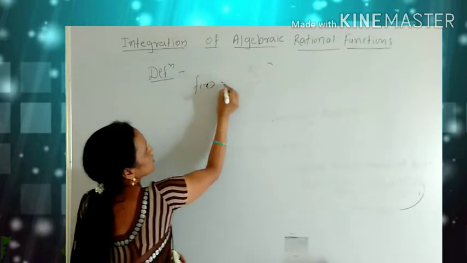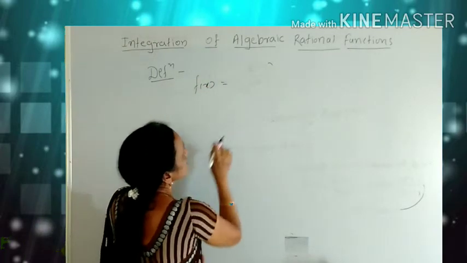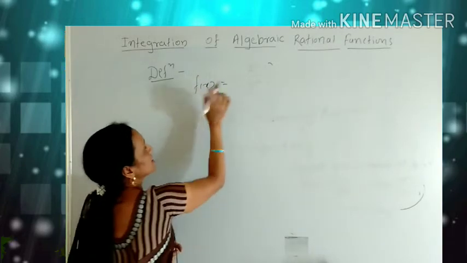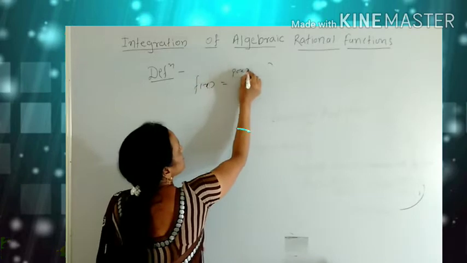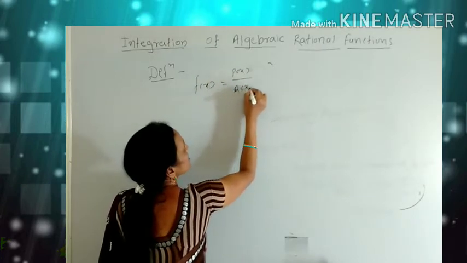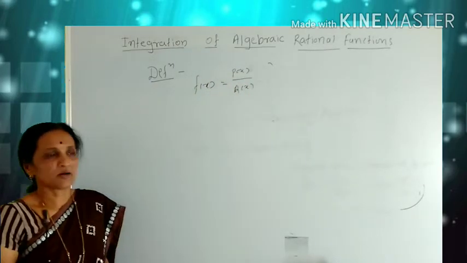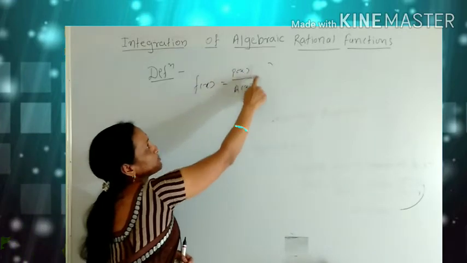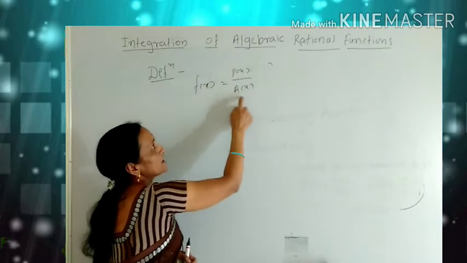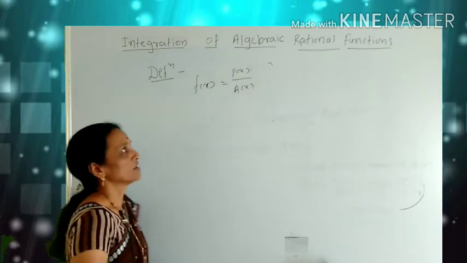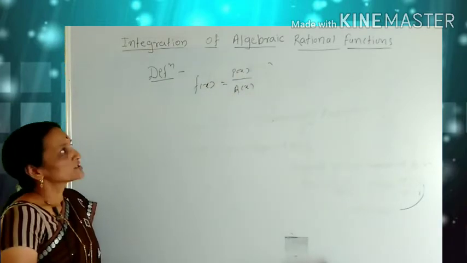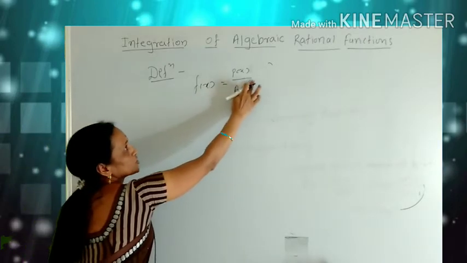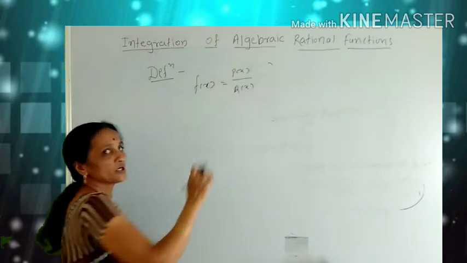Suppose I consider f(x) equal to p(x) divided by q(x), or g(x) divided by q(x), either one, but we remember that a function of this type is said to be a rational function. The next part is the partial fractions, and partial fractions depend on the factors of the denominator.